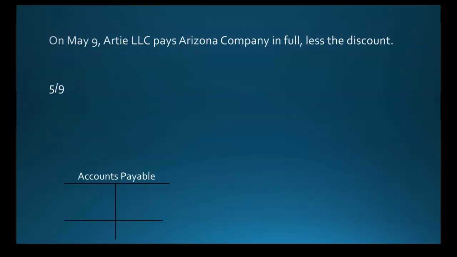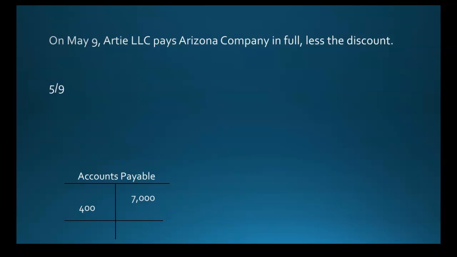Now, on May 9th, Artie LLC pays Arizona Company in full less the discount. So we need to figure out what in full even means at this point. So we have this T account down here at the bottom of the screen for accounts payable. We initially had a credit of $7,000 to accounts payable, but then we debited $400 when we returned those damaged goods.